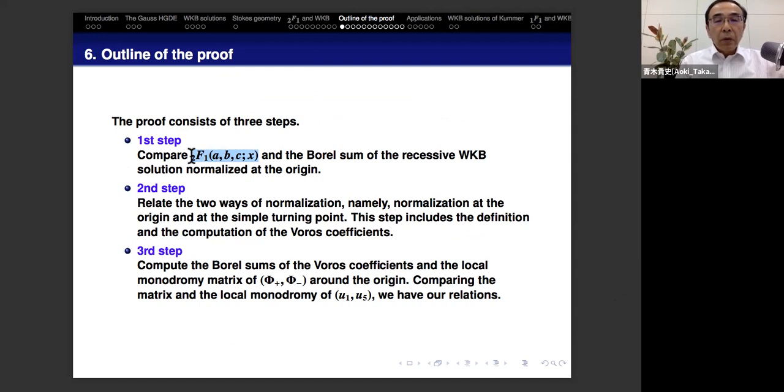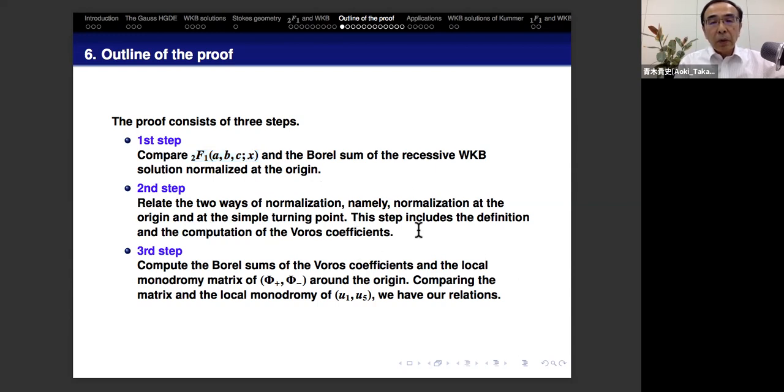We compare this one and the Borel sum of the recessive WKB solution normalized at the origin. And second step, relate 2 ways of normalization, namely normalization at the origin and at the simple turning point.